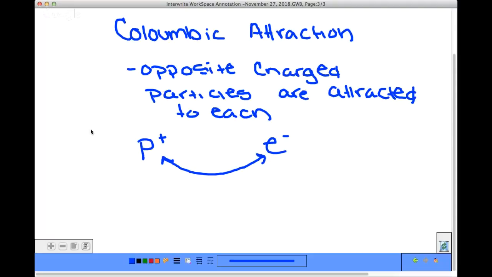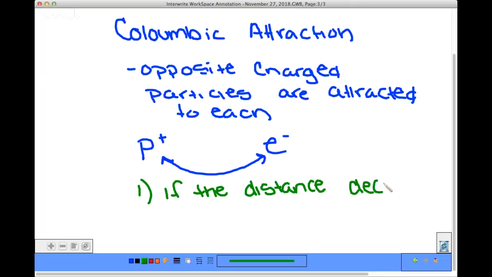And there are 2 things that we talked about with Coulombic attraction. The first one is that if the distance between these 2 particles decreases, the attraction increases.